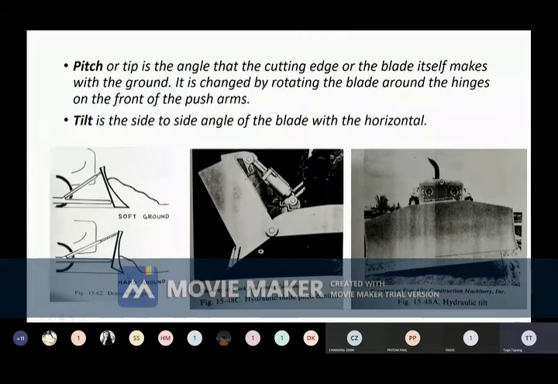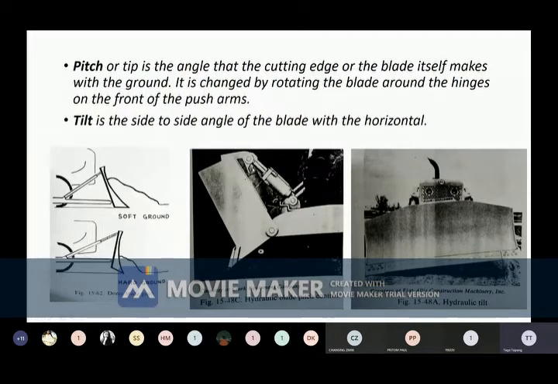Now you see it is more or less 90 degrees from the ground. So in this way, this pitch arm is used to change the angle of attack. But at which angle are you attacking the ground? For soft ground, this kind of angle is enough. For hard ground, you have to make this type of angle.